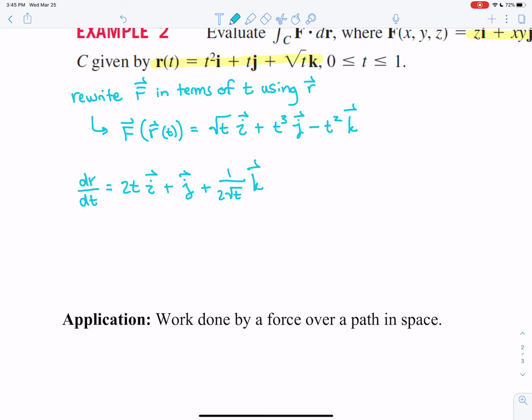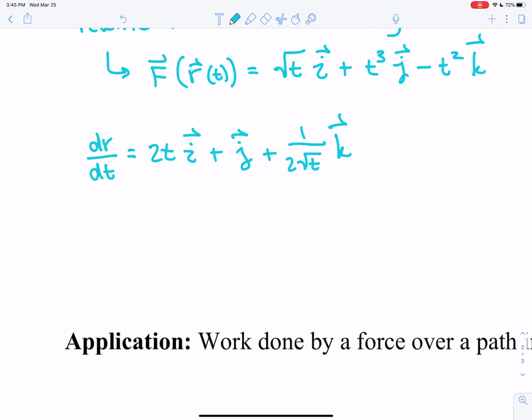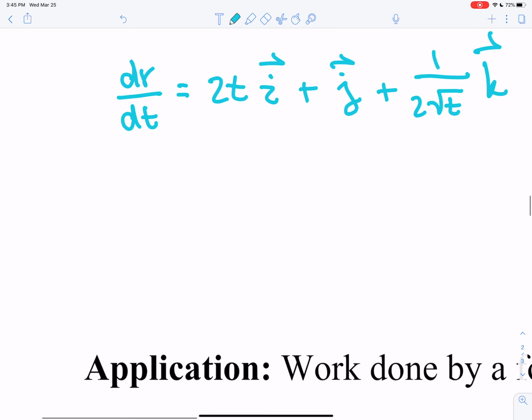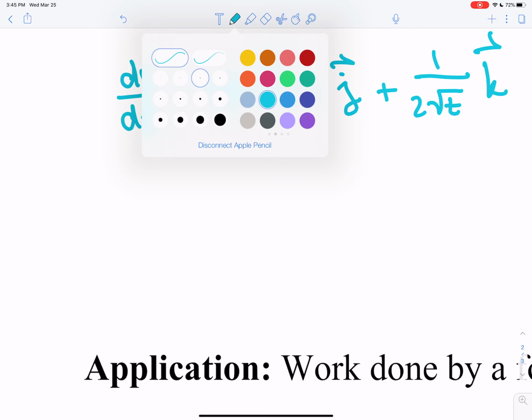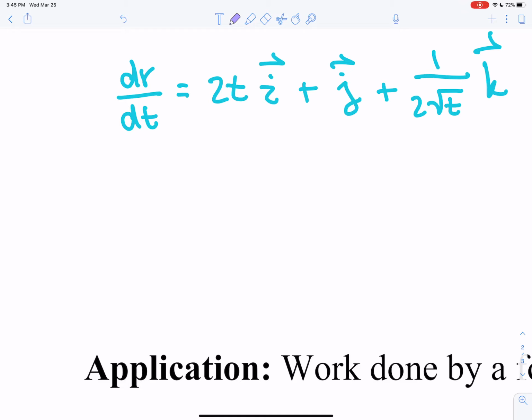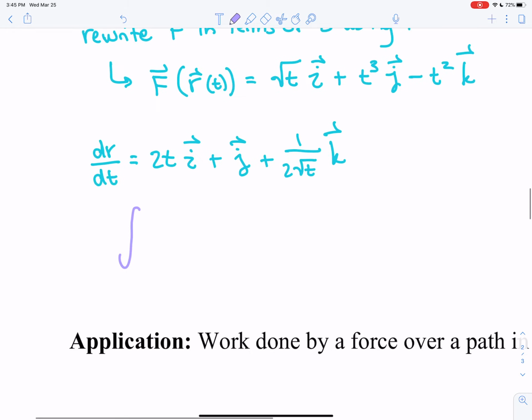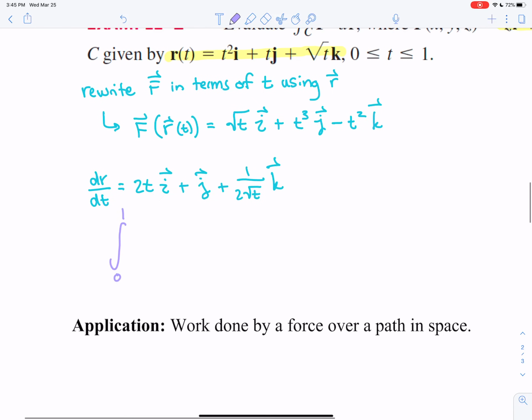Now we just plug it all into our line integral through a vector field formula. So this will become the integral from 0 to 1 of this dotted with this. So I'm going to do it all in one go. So we're doing component by component multiplication. So the i times the i plus the j times the j plus the k times the k. So the sum of the components multiplied.